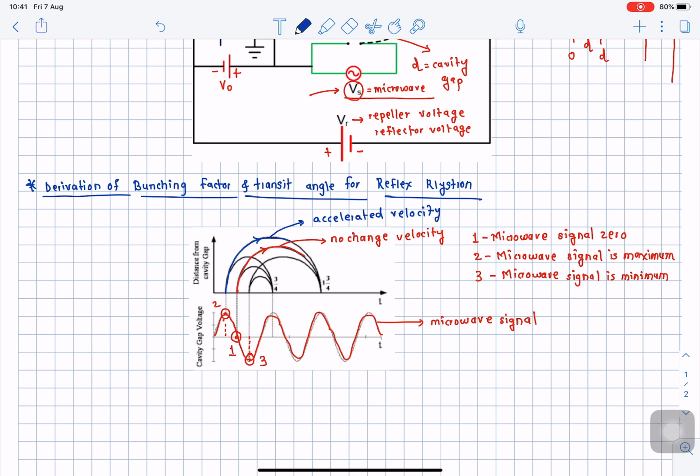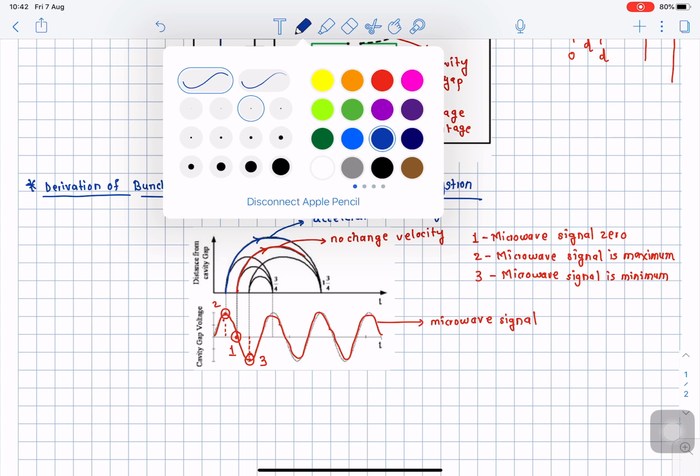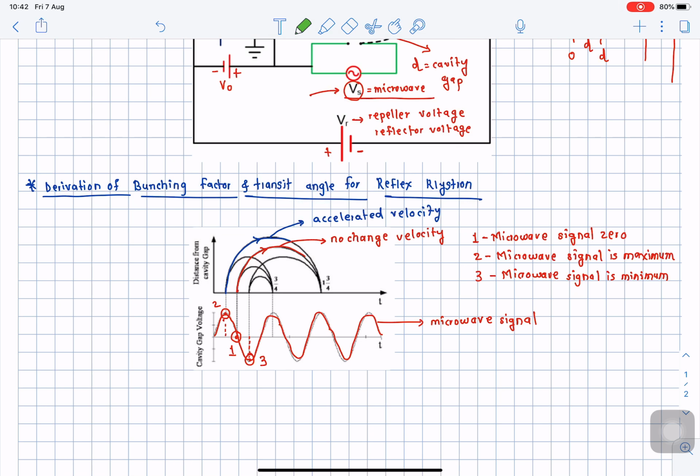And similarly, when the microwave signal is going through its negative peak, at that time the electrons will get retarded, right? And at that time the electrons will travel a lesser distance in the cavity, which I denote with this green color, in this way. Okay, so this green color indicates decelerated electrons or decelerated velocity.